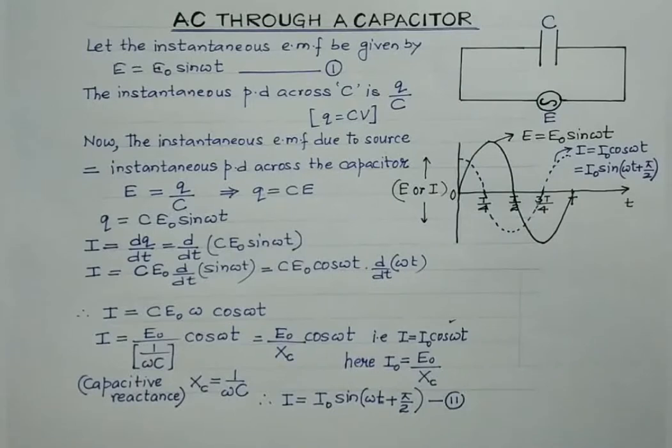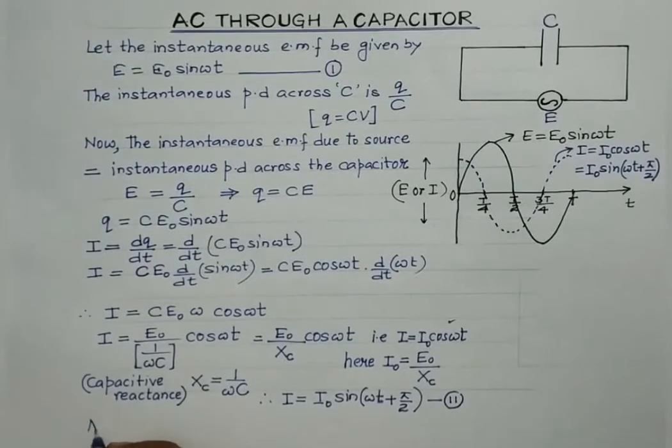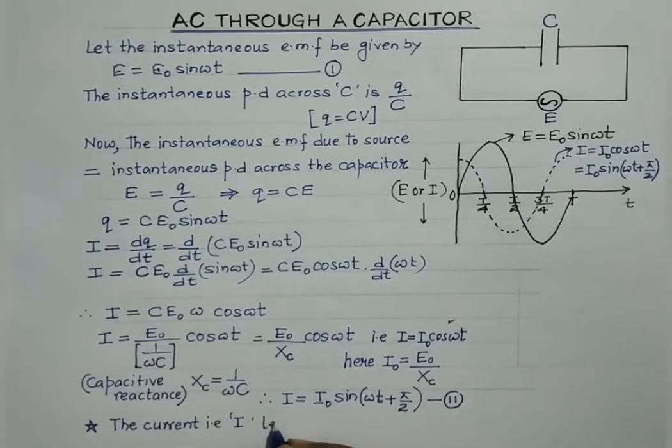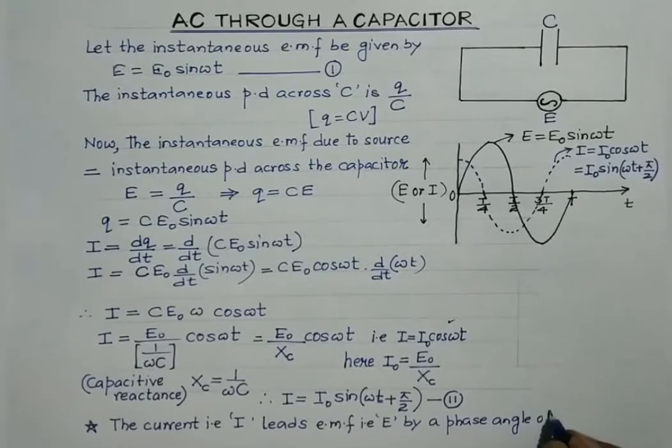So basically the conclusion is the current, that is I, leads the EMF, that is E, by a phase angle of pi by 2.